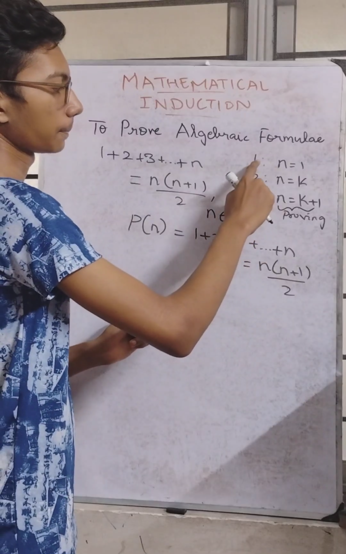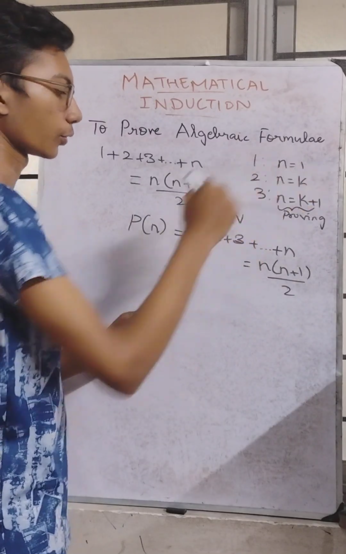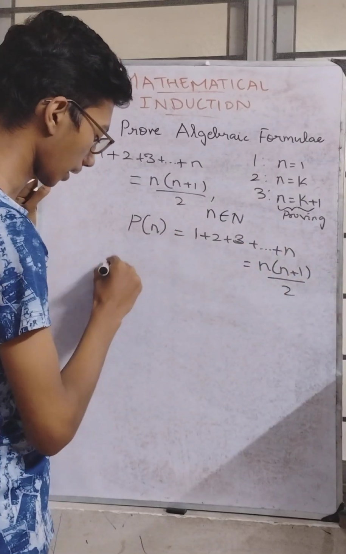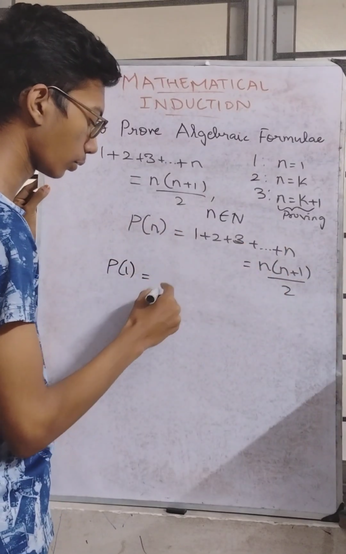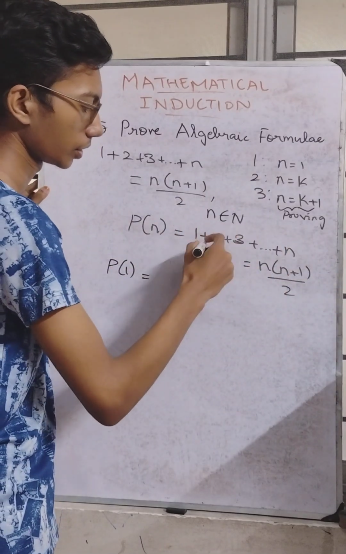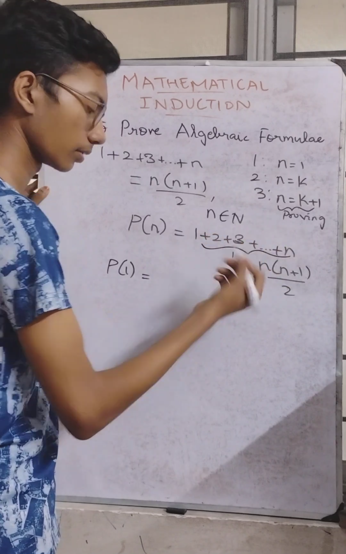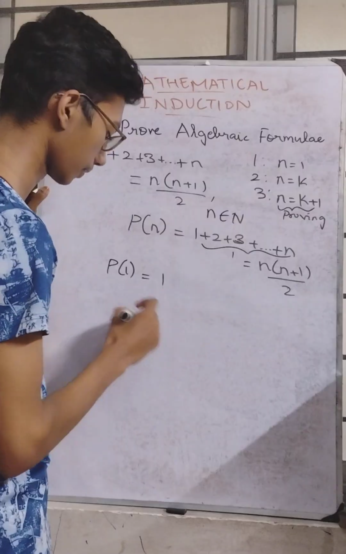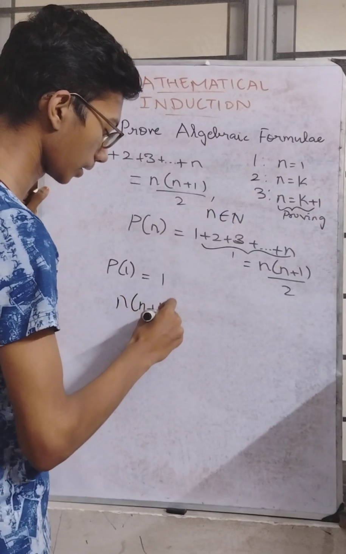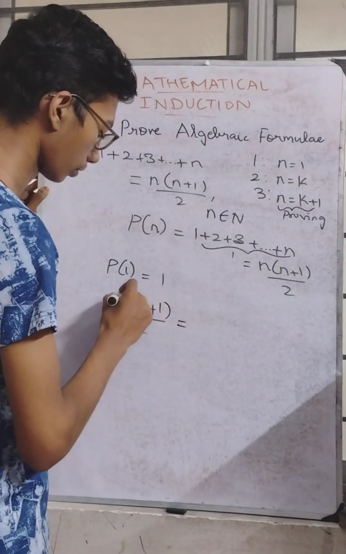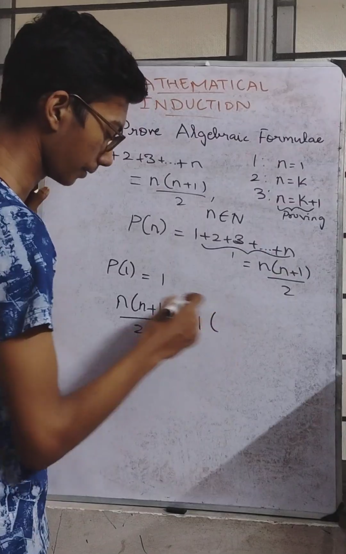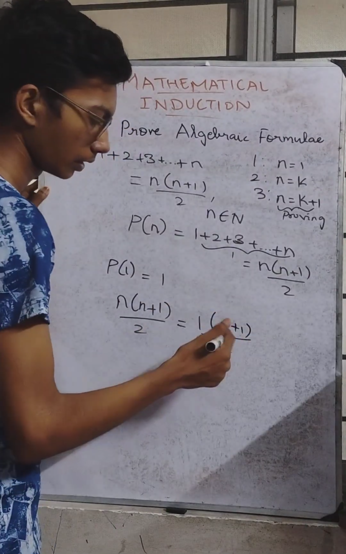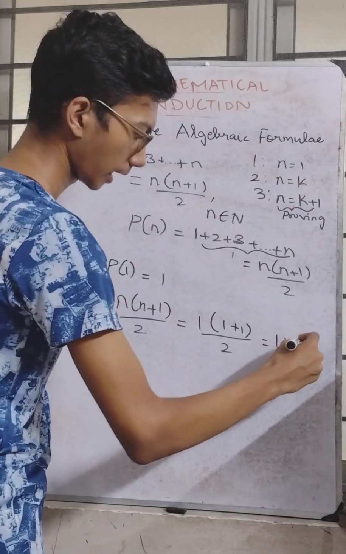Now the first step is put n equal to 1. So you have to put 1 for n in both of these. So let's take P of 1 is equal to, so this term is 1. Next we need to substitute n equal to 1 in this. So n of n plus 1 by 2. So we have 1 times 1 plus 1 by 2. So we can write it as 1 times 2 by 2.